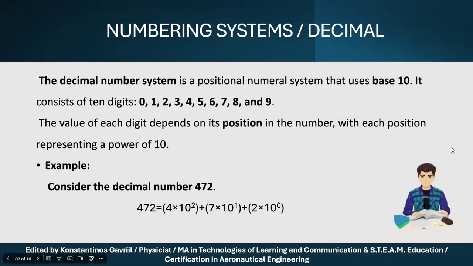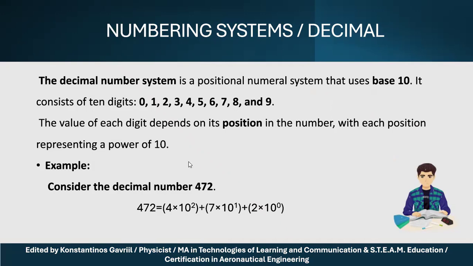Let's get started with the numbering system that is called decimal. The decimal number system has to do with numbers that can be written as multiplication between a number and a power of 10.